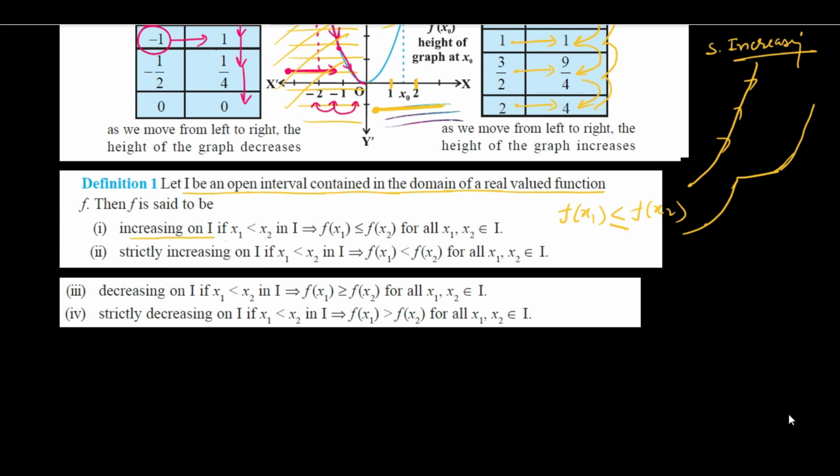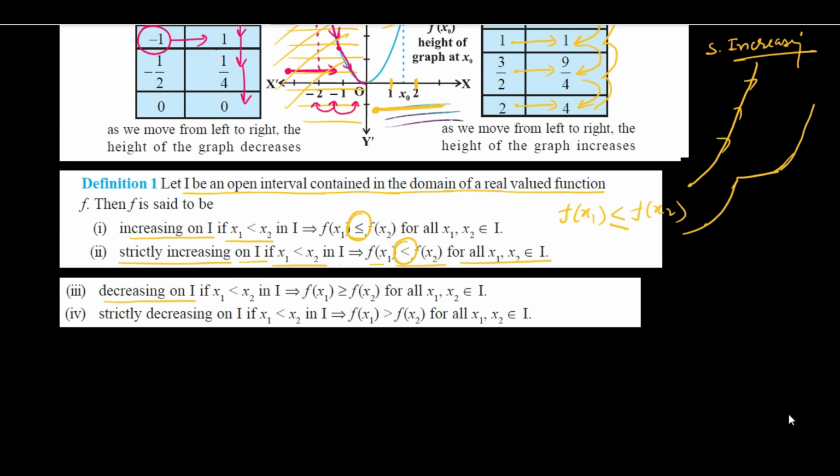On I, x1 is less than x2, we are using the sign f(x1) is less than or equal to, but here we are not using the sign of equal. Strictly increasing on I if x1 is less than x2 in I implies that f(x1) is less than f(x2), for all x1, x2 belongs to I.